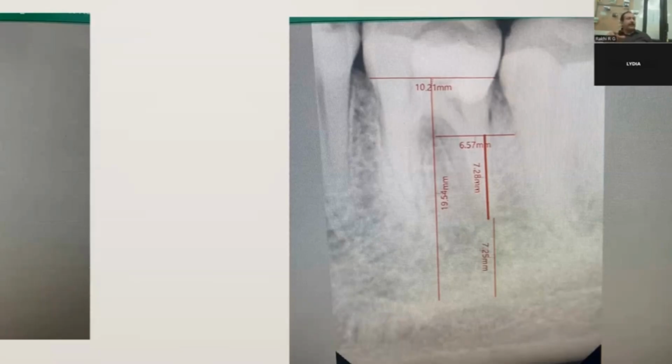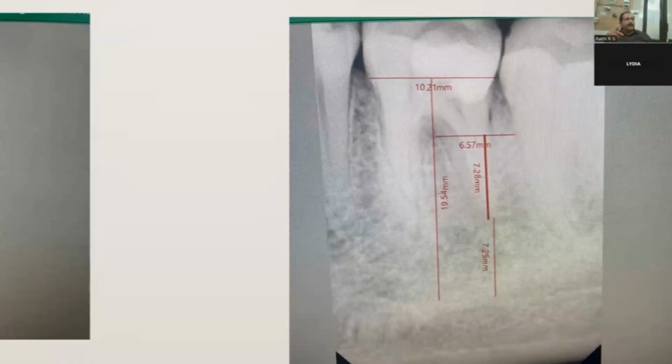So 11.5 should be the maximum length from the interradicular area or the furcation, the crest of the bone. You need to take every care not to go closer to 7. It should be closer to the crest of the furcation.